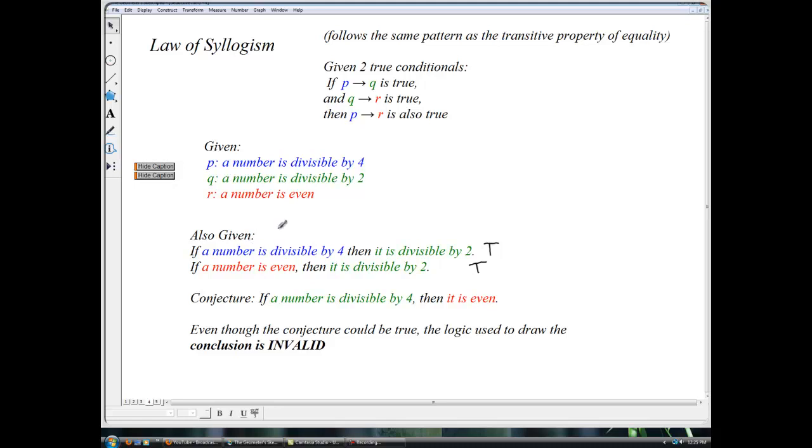So again it goes if P then Q, if R then Q, can we conclude if Q then R? The answer is no, we cannot. Even though this conjecture might be true, the law of syllogism was not used correctly, so the logic used would be invalid.